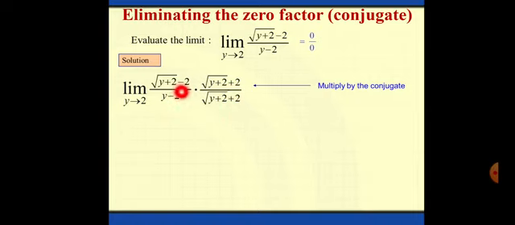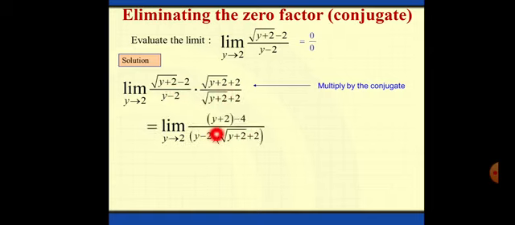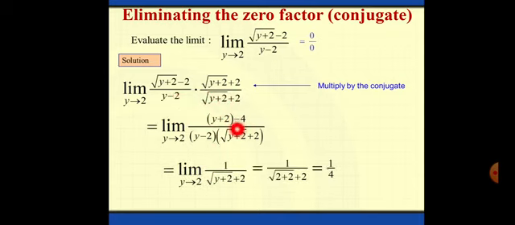If we have plus, we write minus. After multiplying by the conjugate, this root times this root, the root will be cancelled, so we have y plus 2 and negative 2 times 2, which is negative 4. Now keep the other two expressions here. Now simplify. You have y plus 2 minus 4, which is y minus 2.